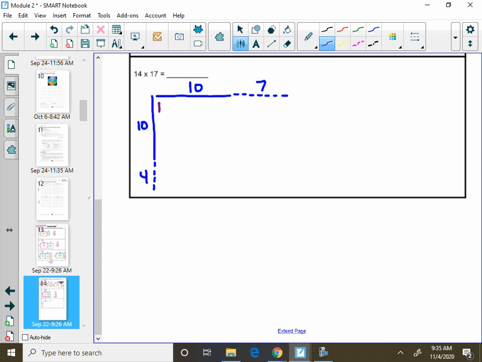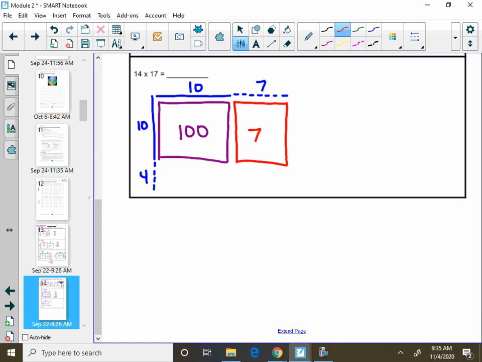All right, 10 times 10 is 100. 10 times 7 is 70. Doing okay, everybody? 4 times 10 is 40.